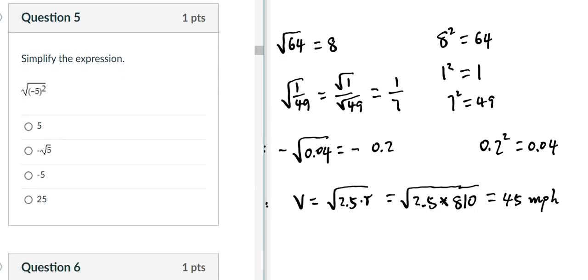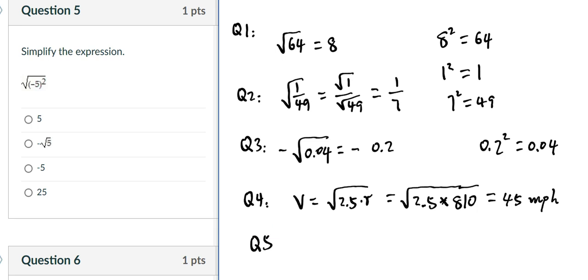Question 5. Question 5, we have a radical negative 5 squared. You will not get negative because of what?